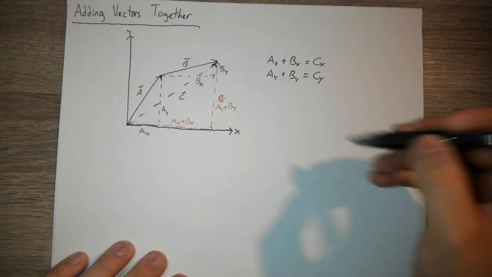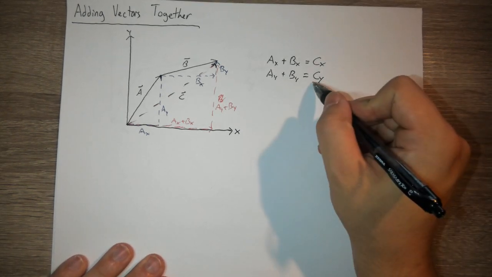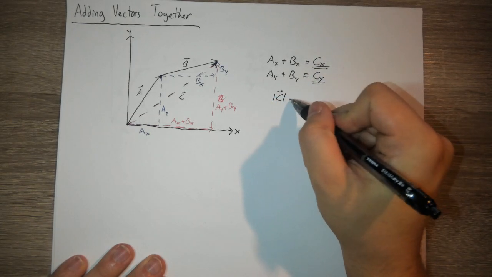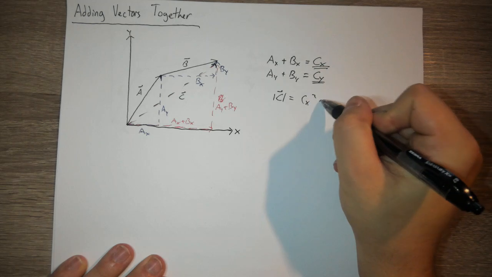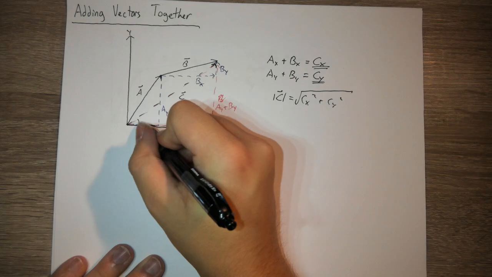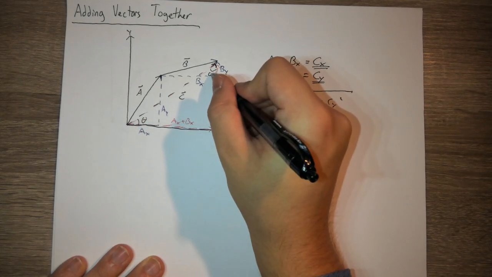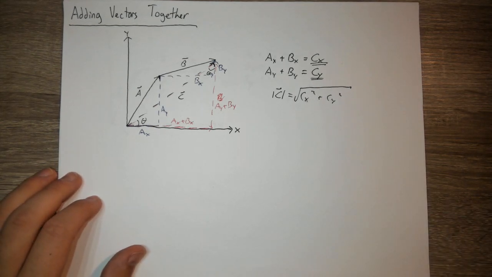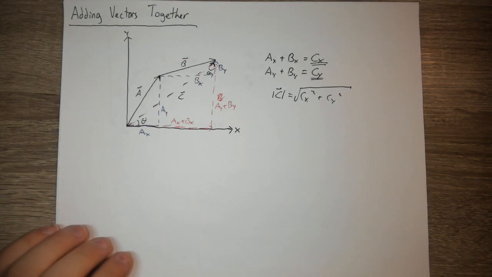And so that's simply how you add those together. Then with these components, you can do all your math like the Pythagorean theorem, all your trig functions with this angle or this angle. So you're just combining and adding components with each other.